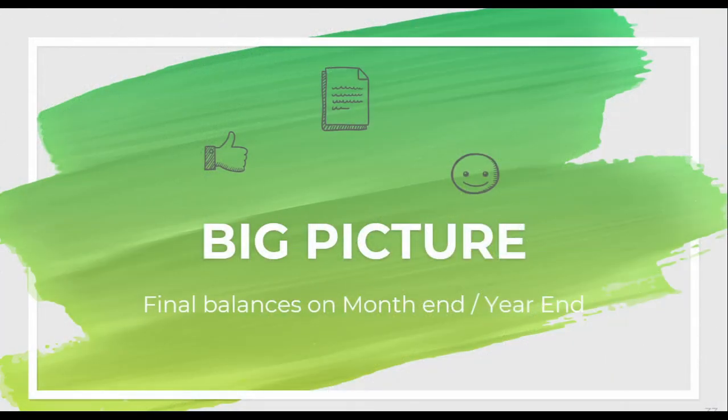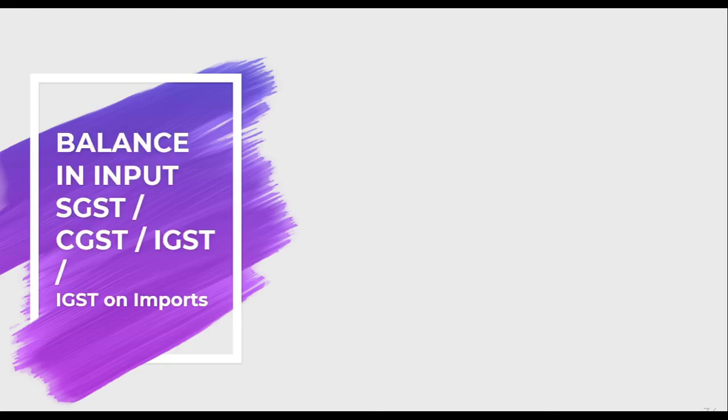So how will it be helpful to me? In the ideal situation, if you have availed your credit perfectly, then there will be no balance in your input SGST, CGST, IGST or IGST on imports account. But this is not an ideal situation. There are bound to be some errors, some problems.